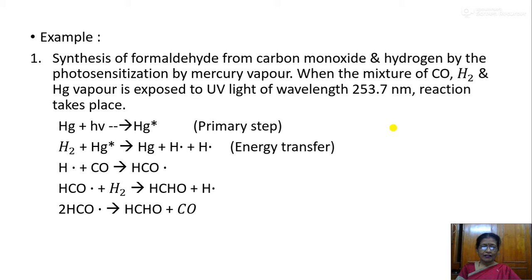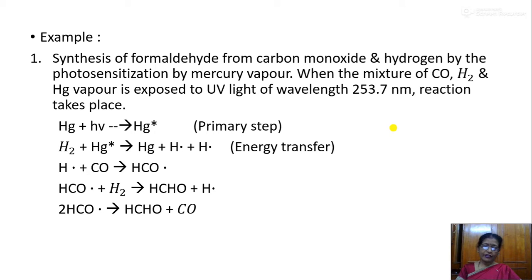See here, on the left side of the reaction, Hg*. After it breaks the hydrogen molecule into free radicals, now there is no star on the mercury. That is, the star is nothing but an energy that is given to the hydrogen molecule for the splitting. This is called energy transfer.